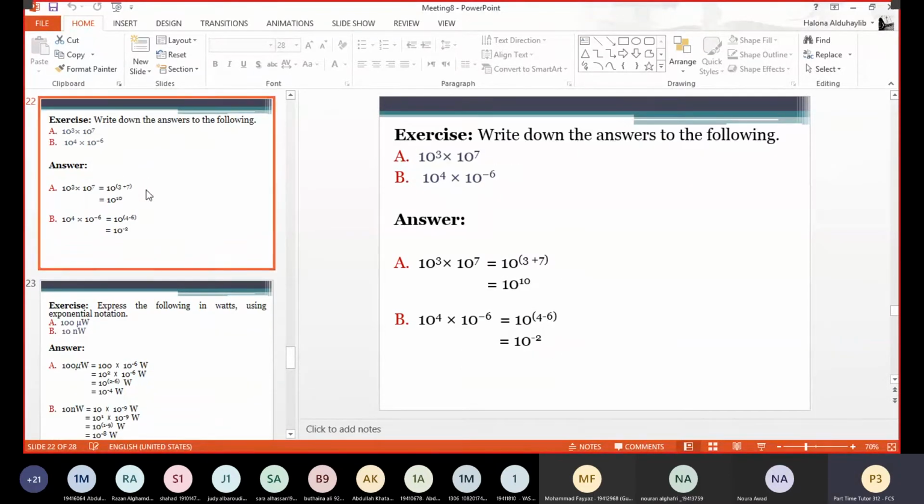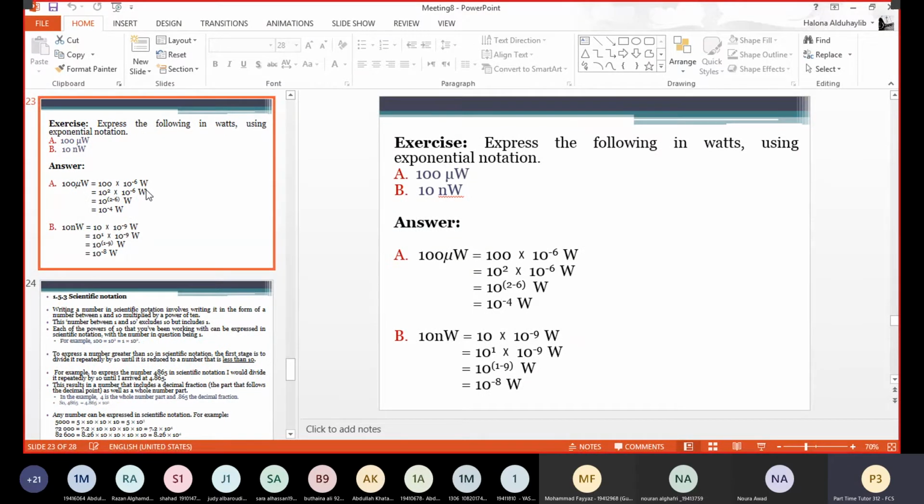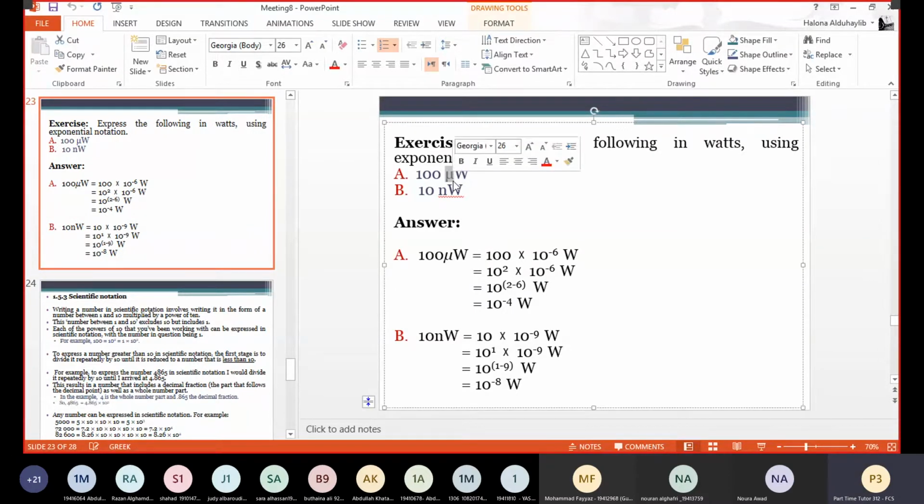Let us move on. We have another example. We have 100 microwatt and 10 nanowatt, and we need to express them with exponential notation, which is using power of 10. Here, you need to get the value of micro, which is equal to 10 power minus 6 from the table in the previous slide.